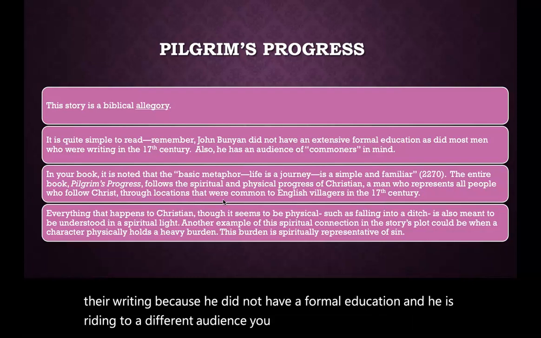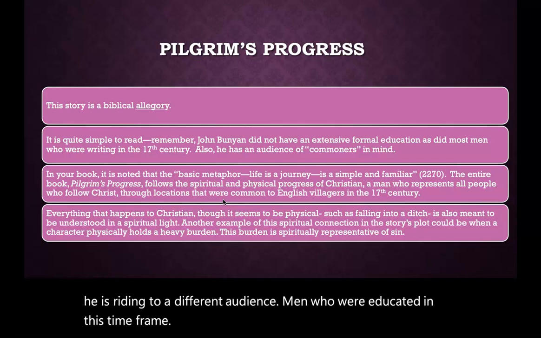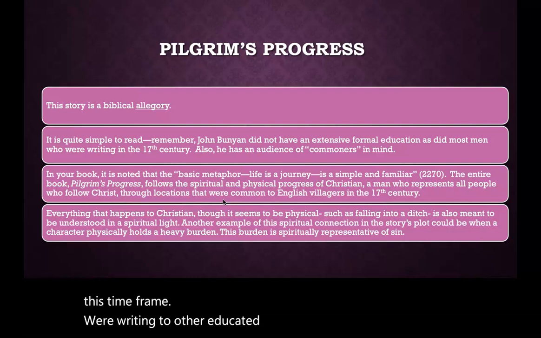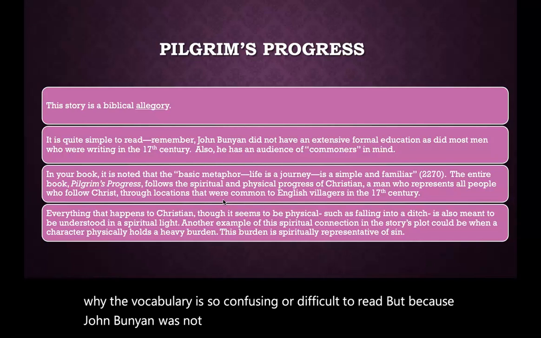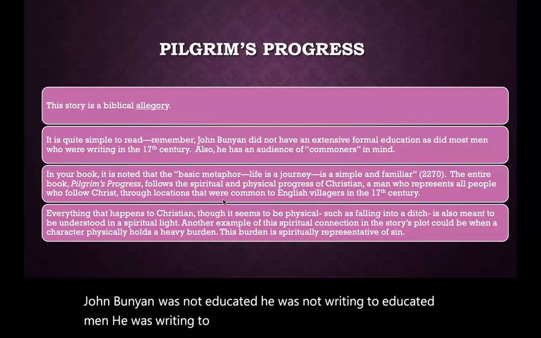Men who were educated in this time frame were writing to other educated men. That's part of the reason why the vocabulary is so confusing or difficult to read. But because John Bunyan was not educated, he was not writing to educated men. He was writing to men like himself, the commoners of the time.